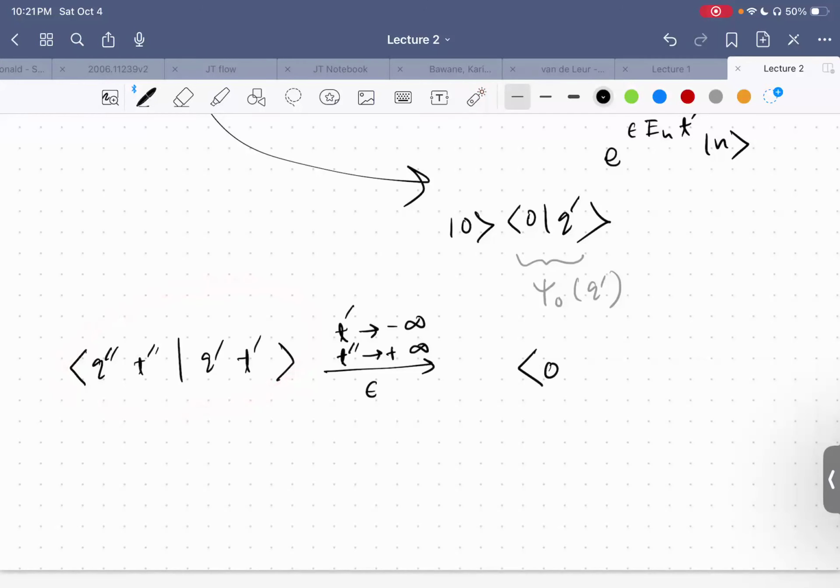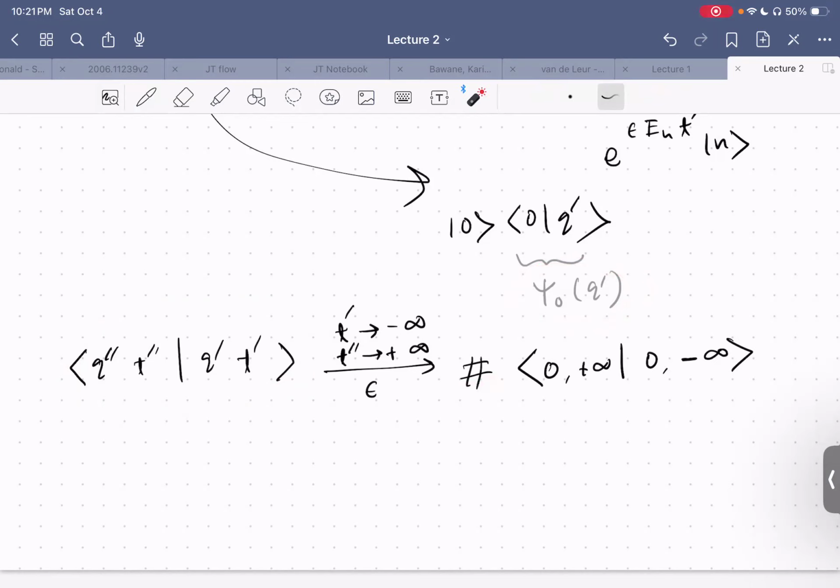It's some vacuum at positive infinity and vacuum from negative infinity. And there are some numbers here. So what are those numbers? It's just these wave functions for the vacuum. But we will not worry too much about numbers anyway.